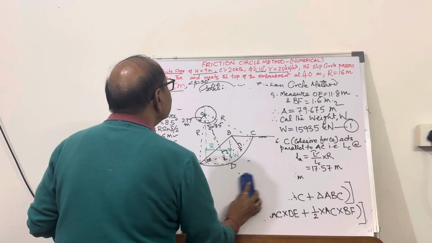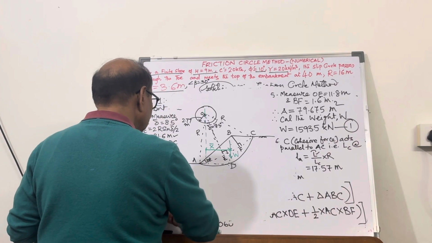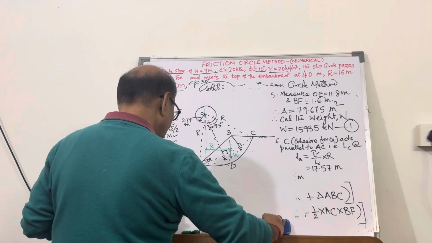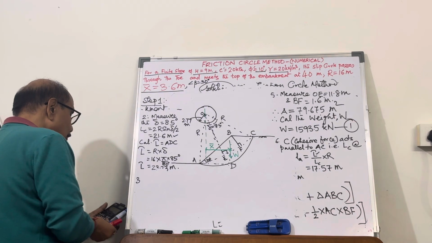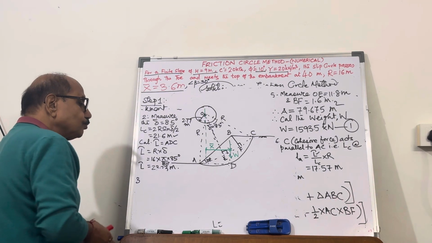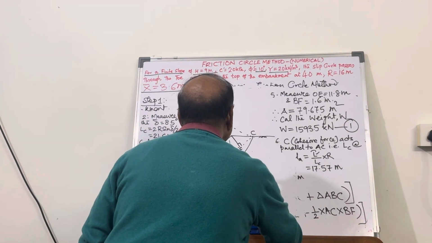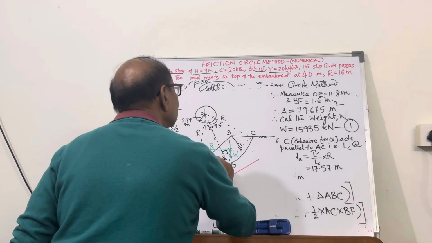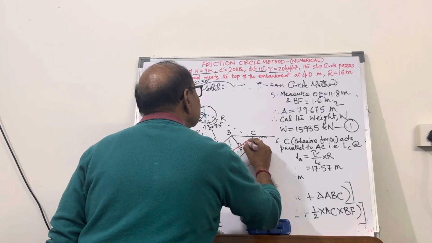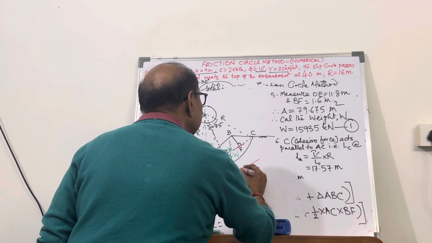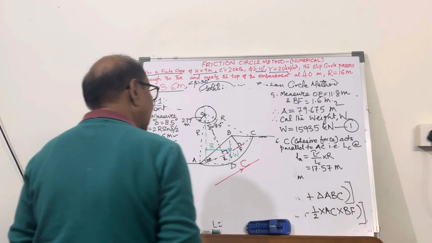So where will it act? The direction of the cohesive force is going to be like this. So there is AC. So my cohesion force is going to be parallel to AC. So this is AC. And parallel to this, the cohesive force, capital C, will act.